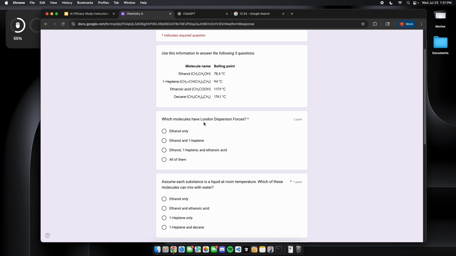Which molecules have London dispersion forces? I don't know what a London dispersion force is. Seems like it's something with how the molecules separate. And I know when something is boiling, the molecules move around faster.